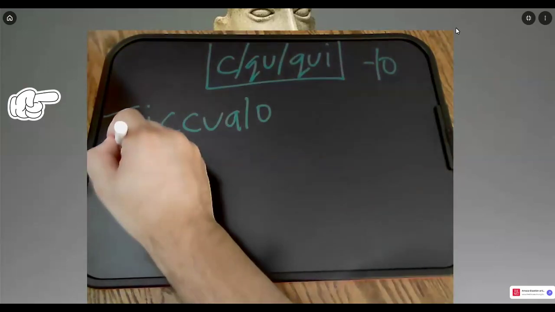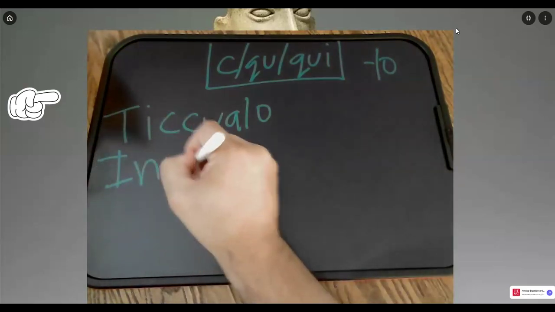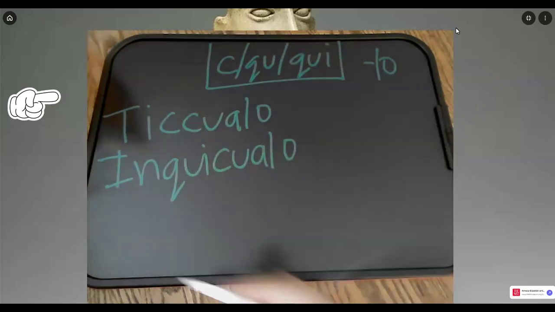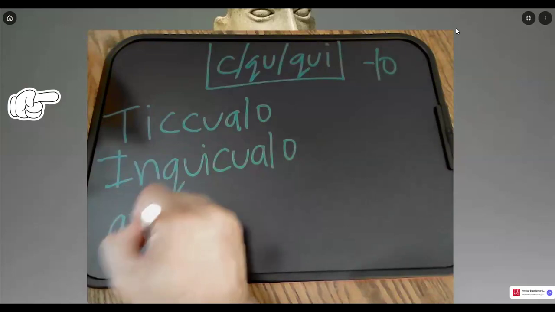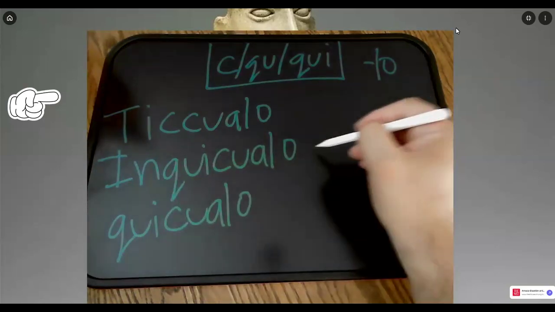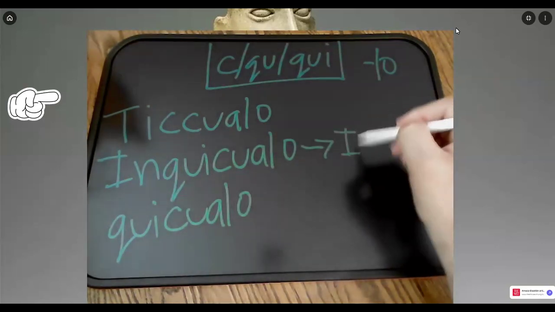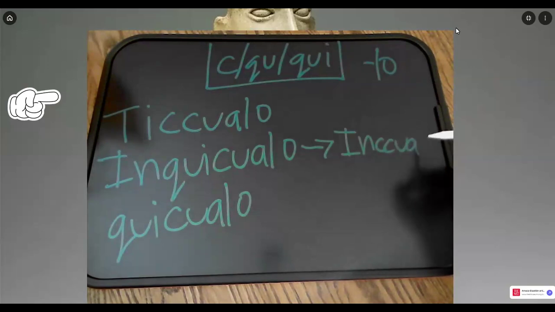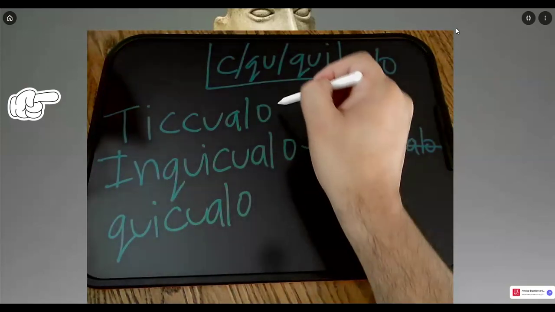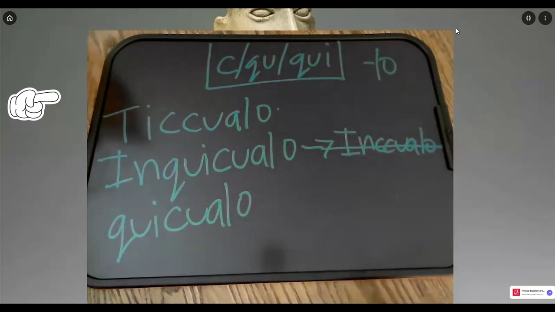You all eat it, in-ki-kua-lo. And then they eat it, ki-kua-lo. Okay, again with in, right? You have to use the ki. So tikualo, we eat it. In kikualo, you all eat it. And kikualo, they eat it.